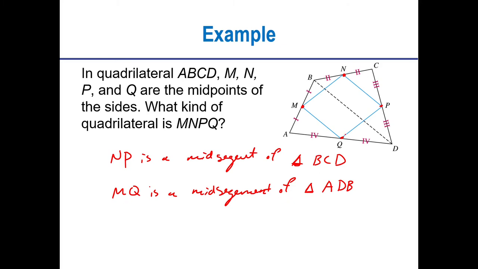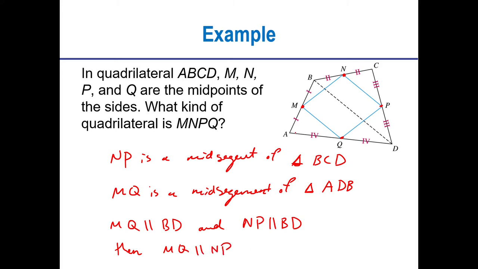Since they're mid-segments, the line segment MQ must be parallel to BD, and NP must be parallel to BD. Since MQ and NP are parallel to BD, then MQ must be parallel to NP.